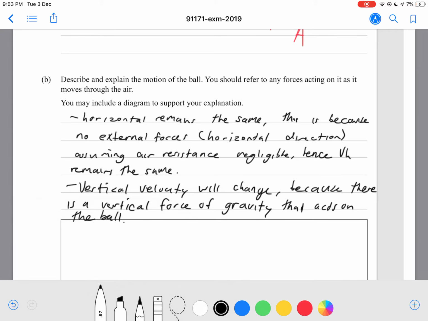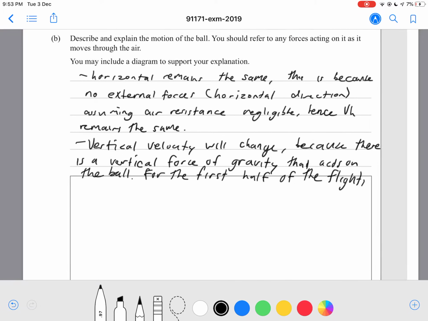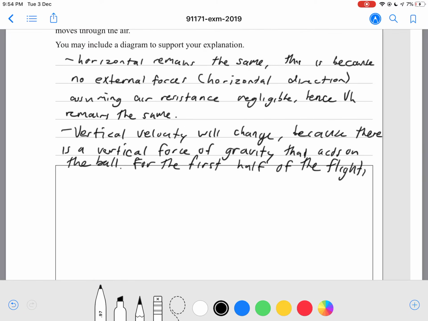So in terms of this question, we can say for the first half of the flight, we can just say FG acts in the opposite direction of the vertical velocity.